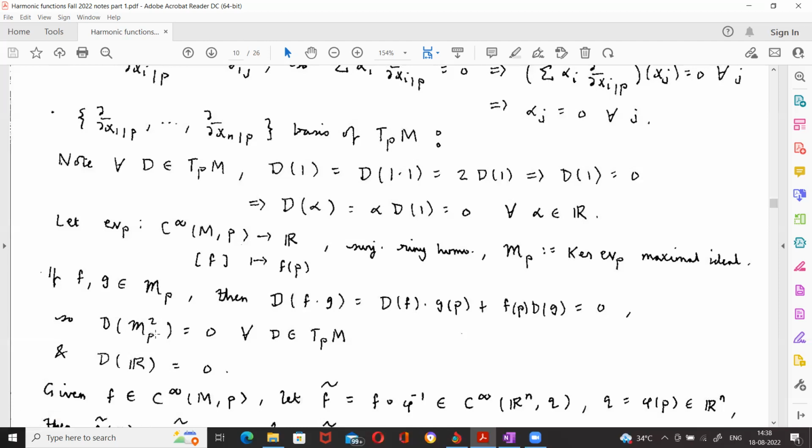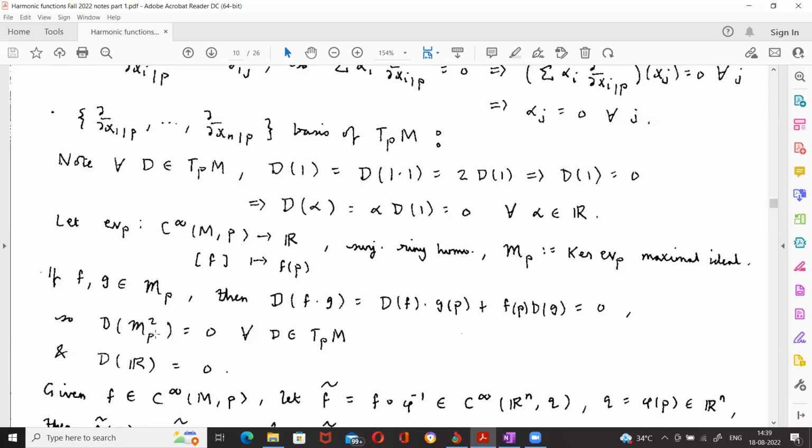Now, intuitively, this should also be clear because elements of the ideal MP vanish at P. If I have a smooth function which vanishes at P, then it is of first order near P, right? That means f of P plus H is big O of H, right? And if I look at a product of two such functions, then that will be second order near P. It will be big O of H squared.